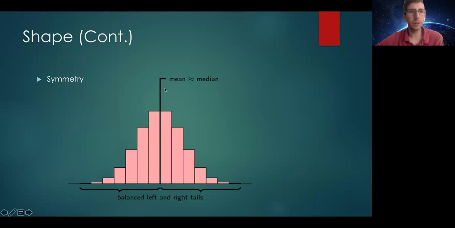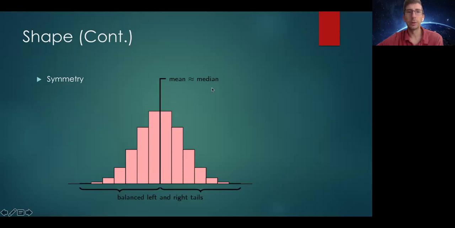And so when our histogram is symmetric, when our distribution is symmetric, we can say that the mean or the average of our distribution of data is approximately equal to the median.